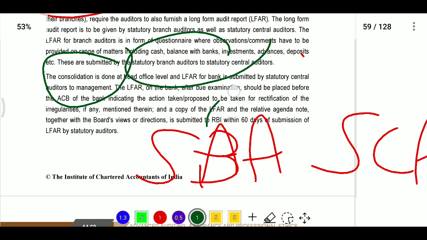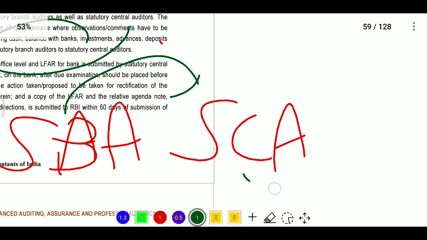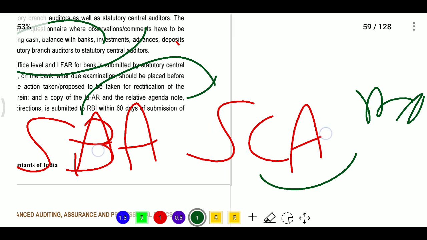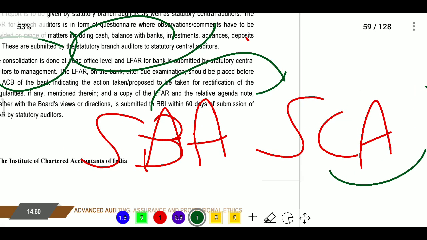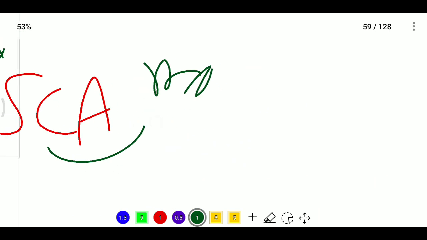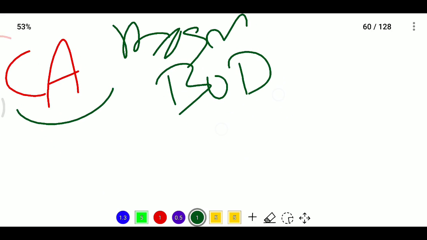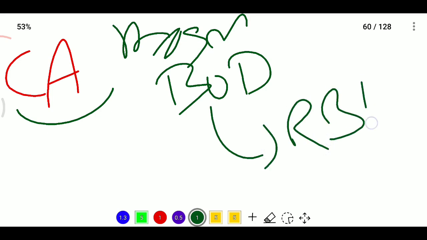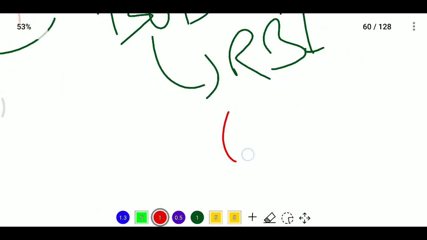The LFAR for the bank is submitted by the statutory central auditor to management. So SBA to SCA and SCA to management, they need to submit a copy of the LFAR together with the board's views or directions. Management may be the board, and the board needs to submit it to RBI within 60 days of submission of the LFAR by the statutory auditor.